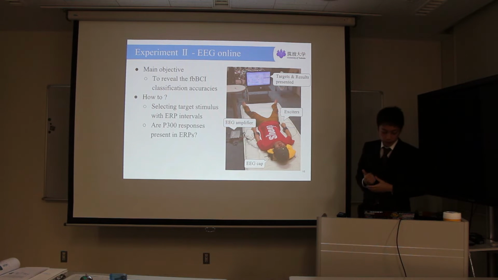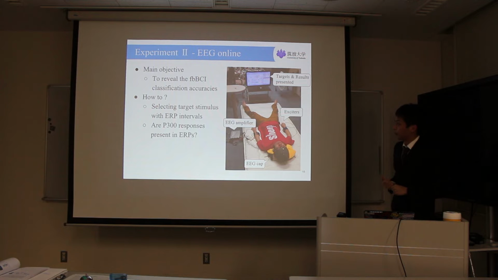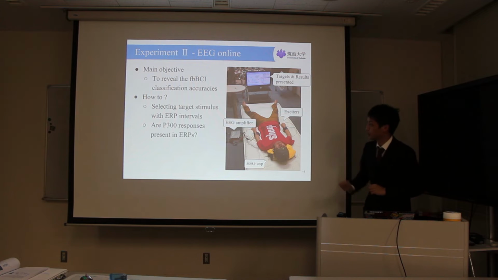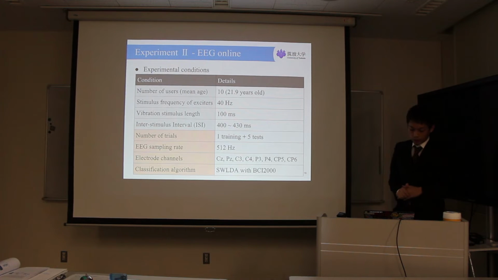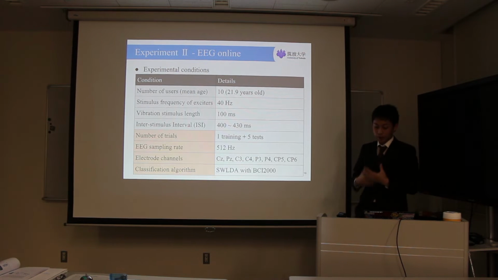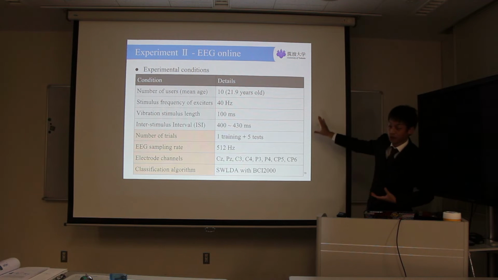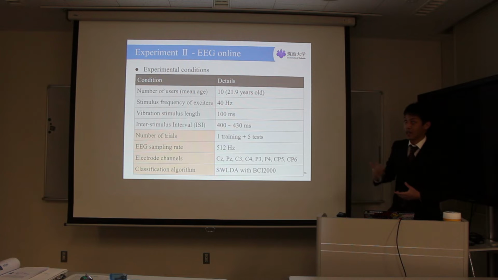The objective of this experiment was to reveal the FBBCI classification accuracy, the correct rate of each user. Since this experiment was conducted together with the psychophysical experiment, the above flow is completely the same as the psychophysical experiment.